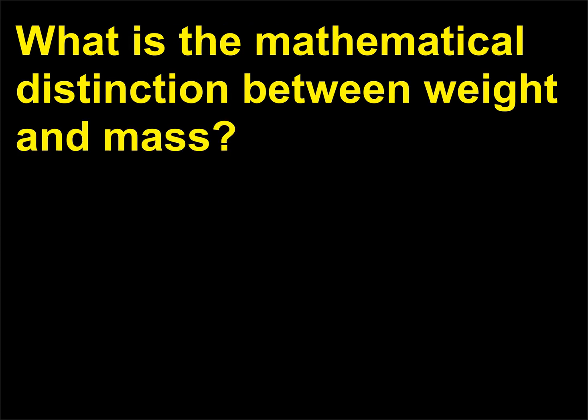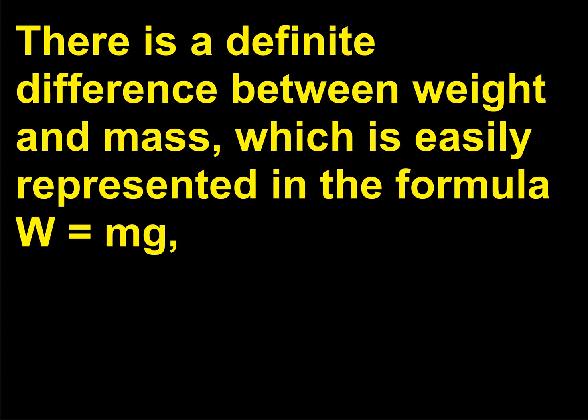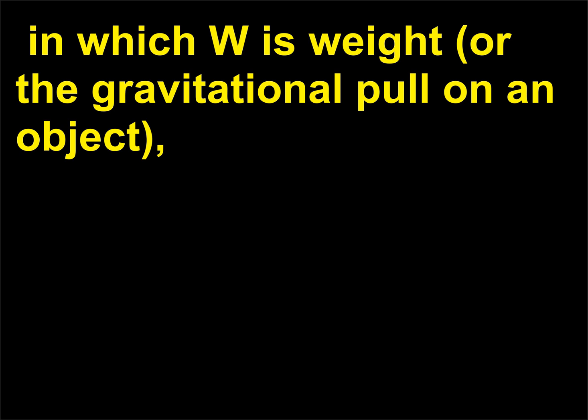What is the mathematical distinction between weight and mass? There is a definite difference between weight and mass, which is easily represented in the formula W = mg, in which W is weight, or the gravitational pull on an object.